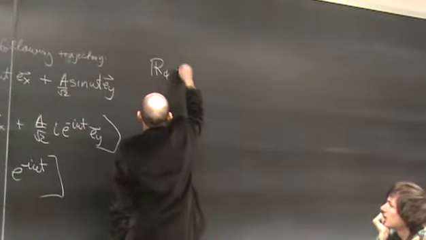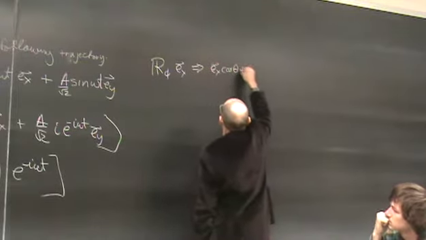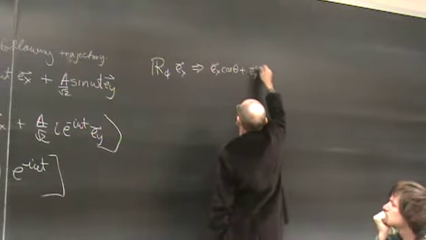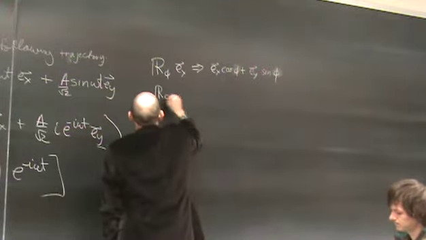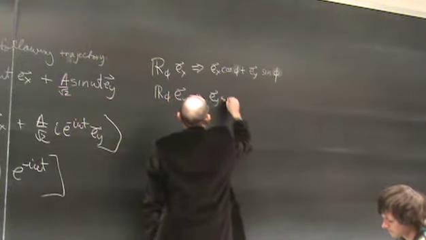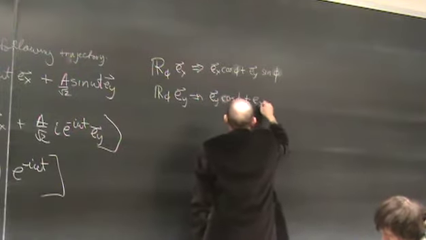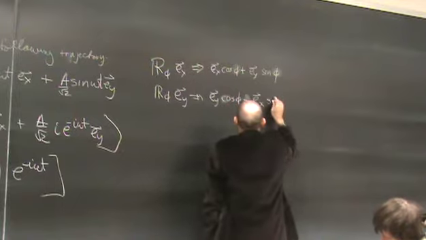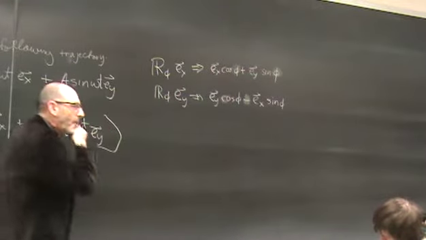So if I have a rotation operator that rotates x into ex cos phi plus ey sin phi, and rotates y into ey cos phi minus ex sin phi. So that's a physical rotation by that angle.